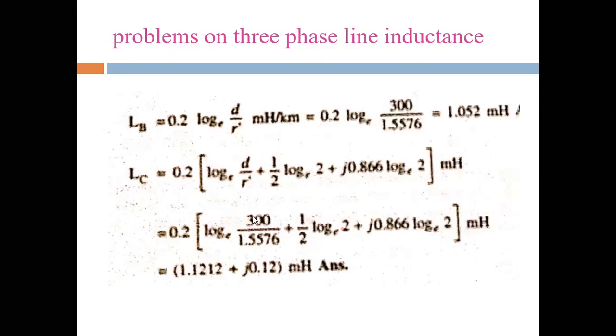That is 3 meters, 300 centimeters by 1.5576 plus 1 by 2 log e 2 plus j 0.866 log e 2, in millihenries. Then we calculate LC, that is 1.1212 plus j 0.12 millihenries.